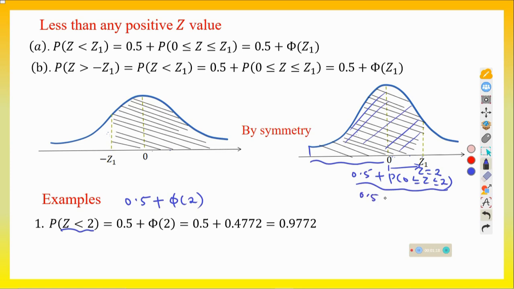Because this is 0.5 plus here, as we saw at the beginning, if you have 0 less than z less than 2, you obtain that one direct from the table. So that's why we say the table reading of 2. So if I need z less than 2, I will be getting 0.5 plus the table reading of 2. So what is the table reading of 2?